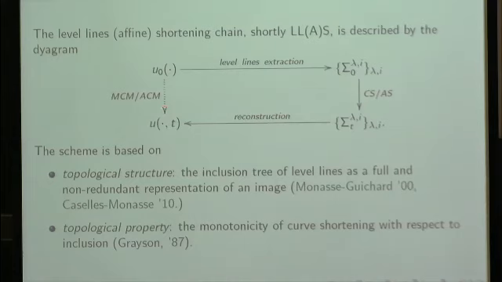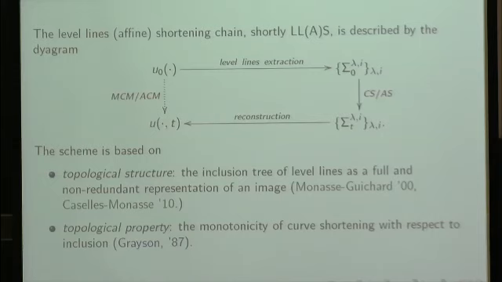Then we reconstruct back an image which has as level lines these evolutions, and we ask ourselves whether this reconstructed function is actually the analytical evolution for the PDE formulation. And this would give actually an explicit connection between the curve shortening problem and the mean curvature motion, respectively the same results in the affine case.